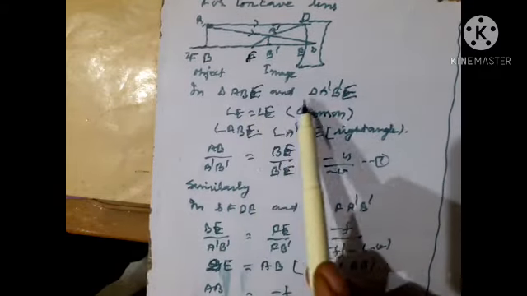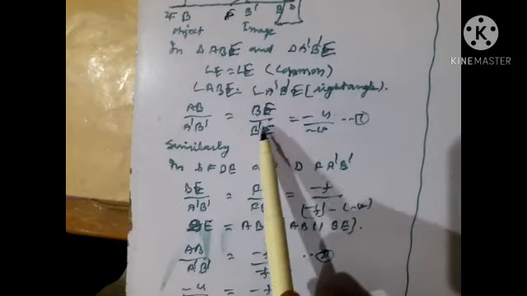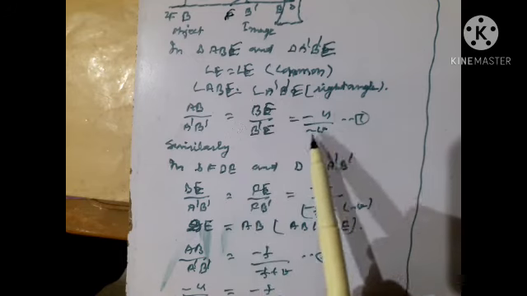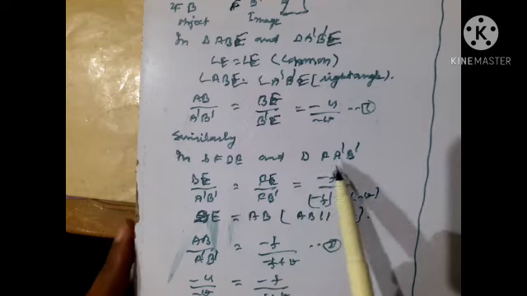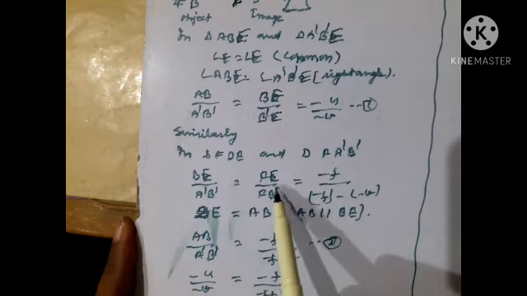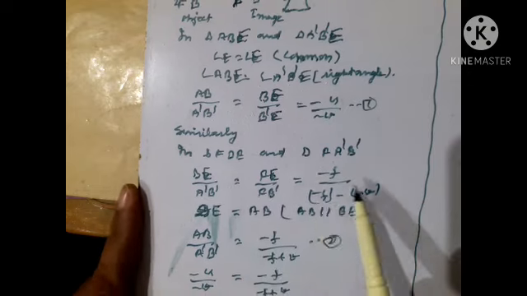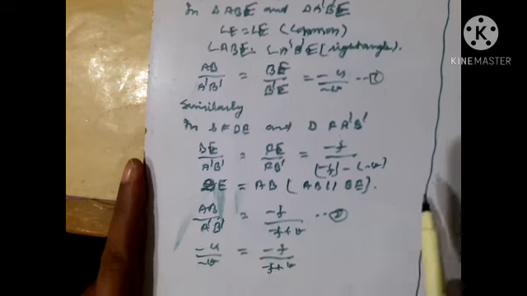In triangle ABE and triangle A'B'E, angle E is equal to angle E, common. Angle ABE is equal to angle A'B'E, right angle. AB by A'B' is equal to BE by B'E, which is equal to minus u by minus v, that is first. Similarly in triangle FDE and triangle FA'B', DO by A'B' is equal to FE by FB', which is minus f by minus f minus v. DO is equal to AB parallel to BE.